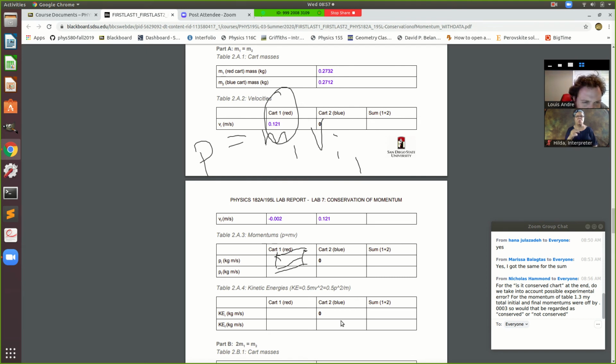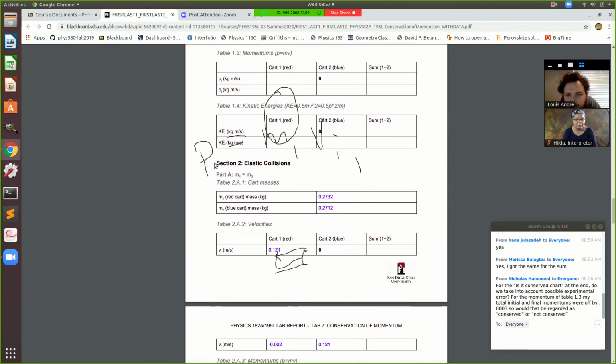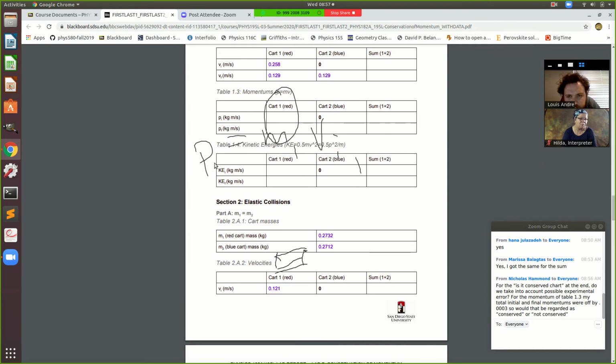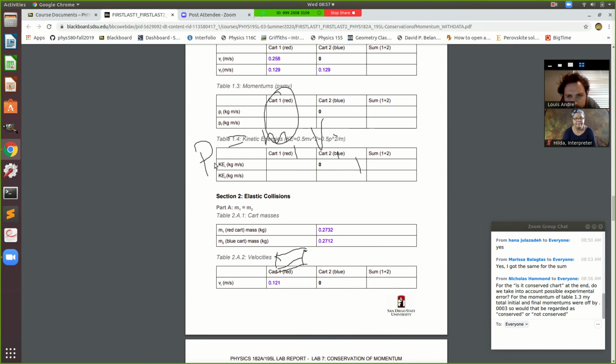Okay, for the is it conserved chart at the end, do we take into account possible experimental error? Total initial, we're off by... Table 1.3. They're off by 0.003.